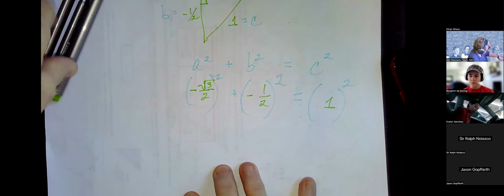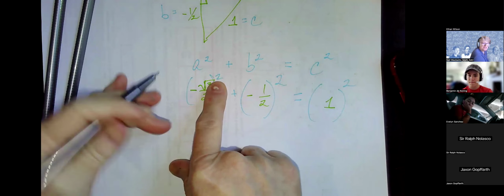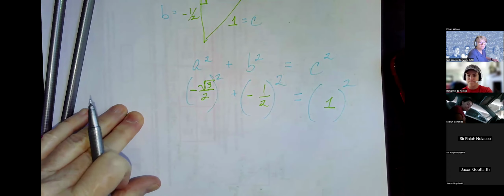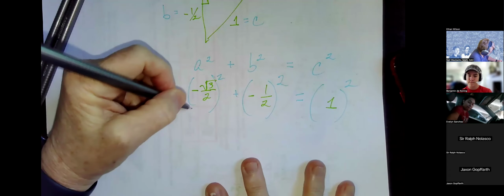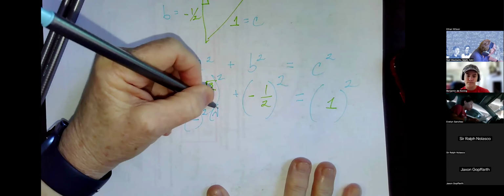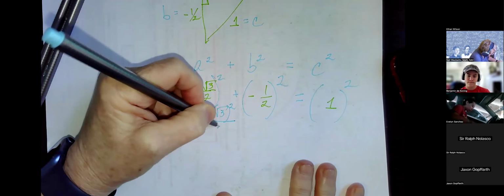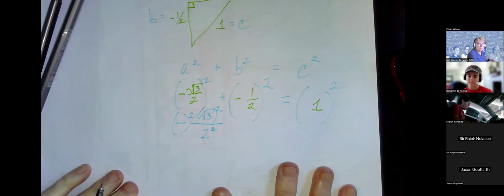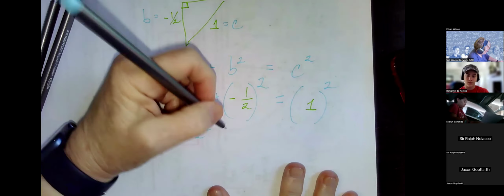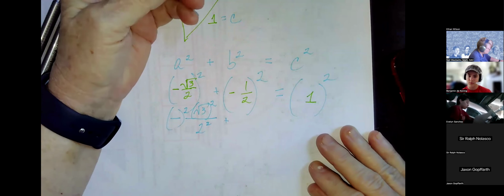All right. So let's distribute this square all the way. We've got a negative squared, we've got square root of 3 squared, and we've got 2 squared. And help me do the same thing with the negative 1/2.